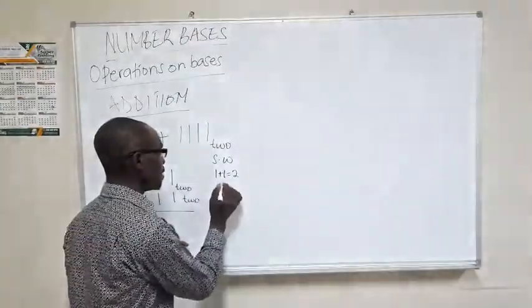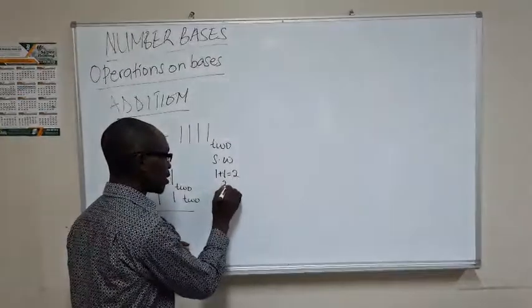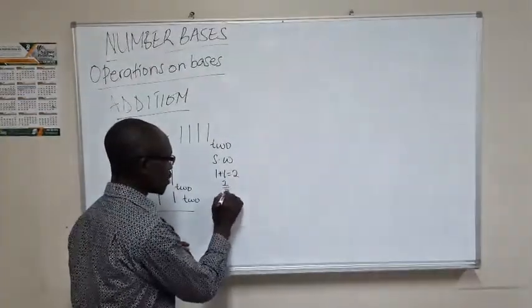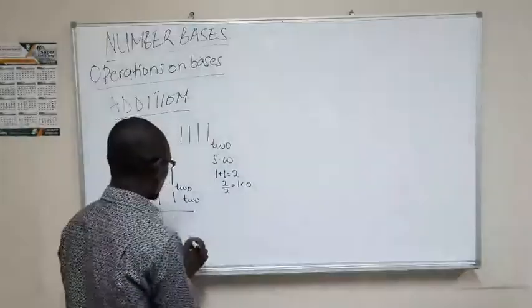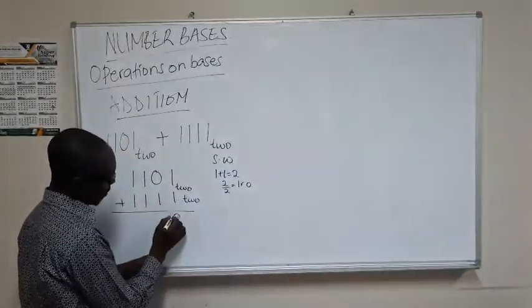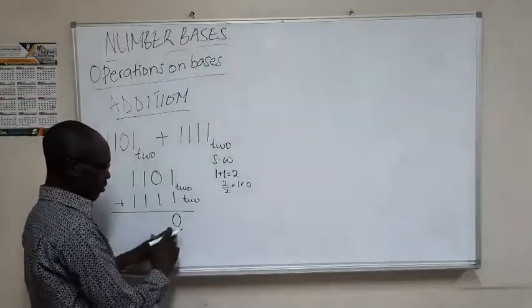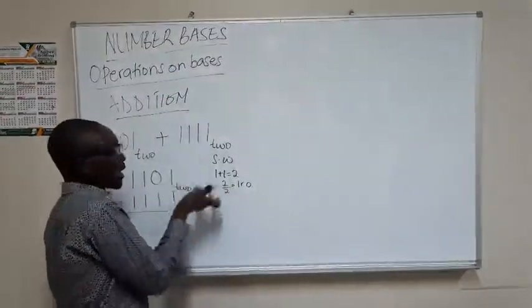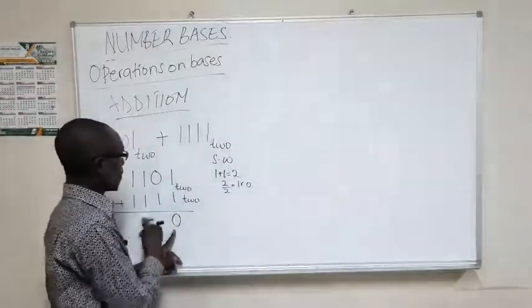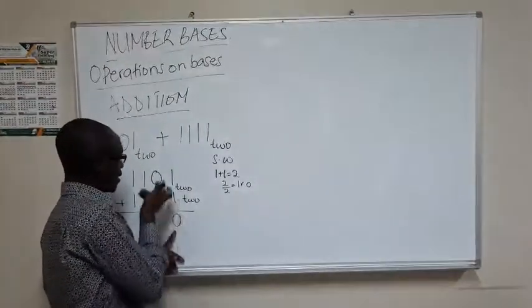We are getting 2, divide by the base, which is 2. I'm getting 1 remainder 0. Here I write 0. We note the remainder here. What happens to this 1? You carry it forward. Now this one is carried here.